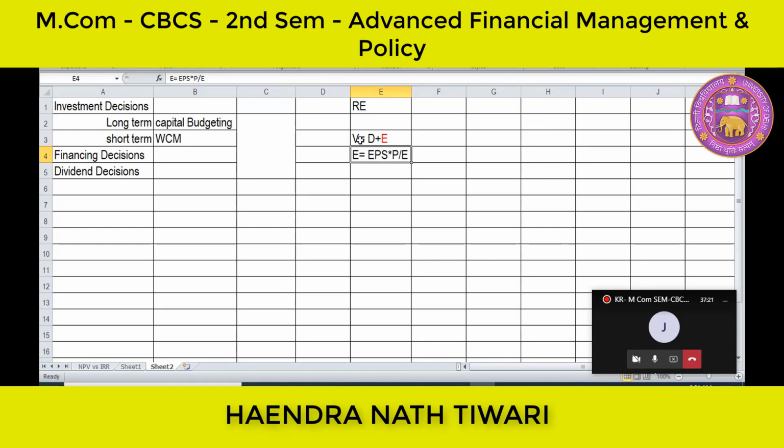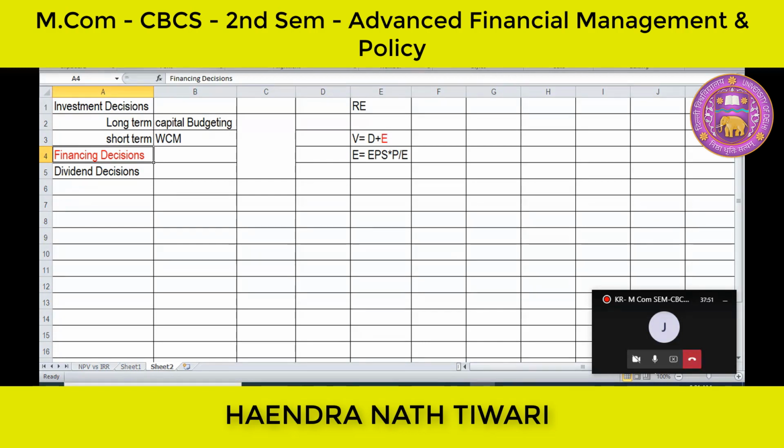Now, in the early days finance was more concentrated on this financing decision. And then the financier has a say in the decision making, interference in the decision making. So there was a need to think that ownership needs to be separated from management.